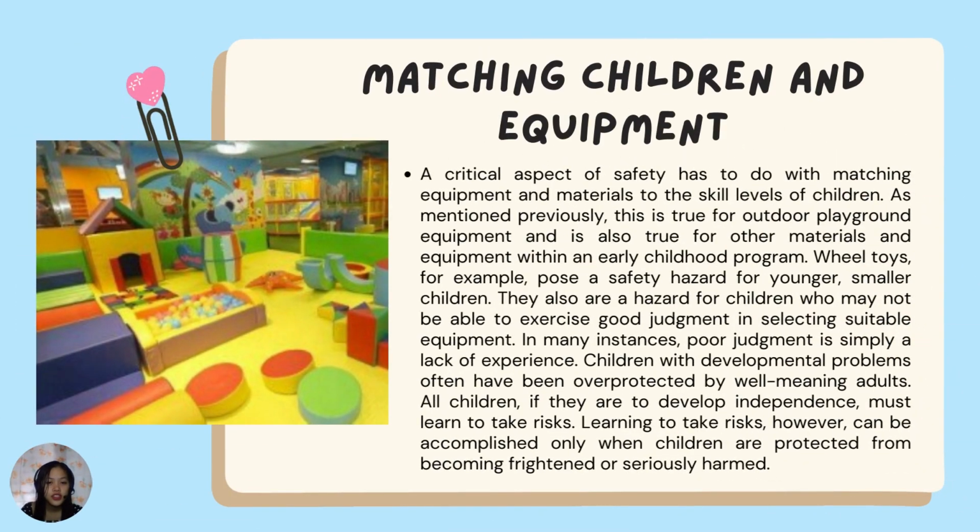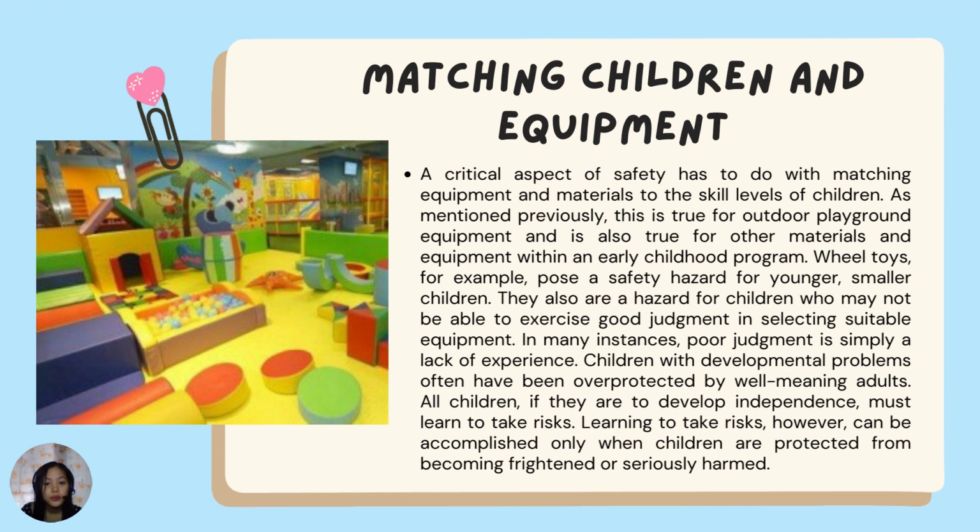Next is matching children and equipment. A critical aspect of safety has to do with matching equipment and materials to the skill levels of children. As mentioned previously, this is true of outdoor playground equipment and is also true for other materials and equipment within an early childhood program.